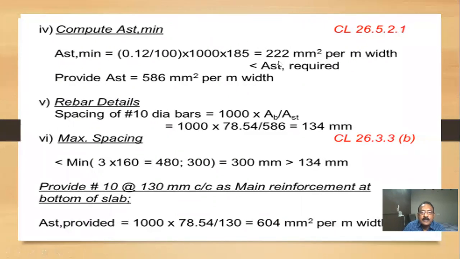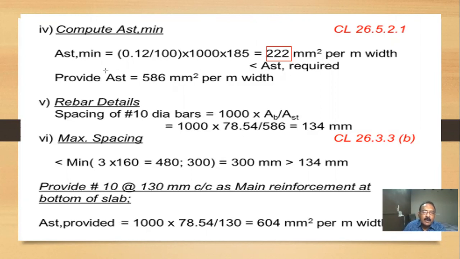Otherwise, if you get 100 mm, you have to provide this value. Here, suppose you get 222 mm square, that is the minimum 0.12%.